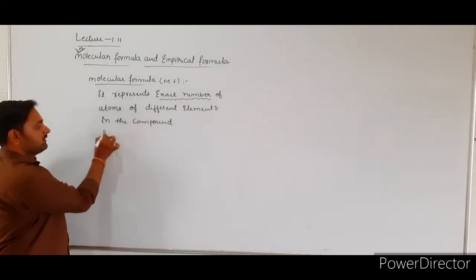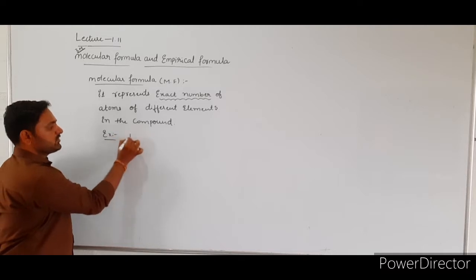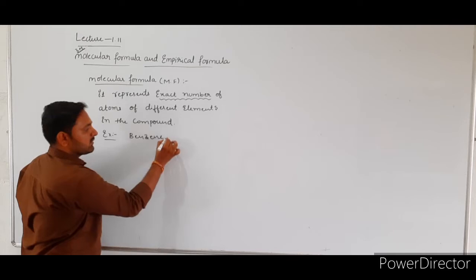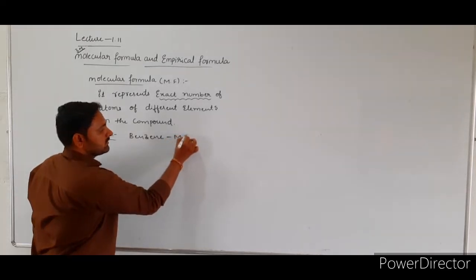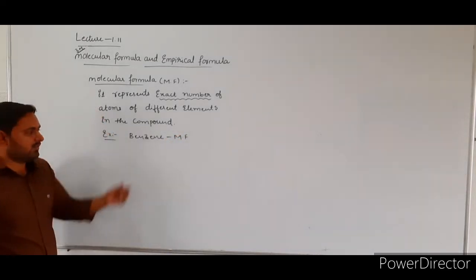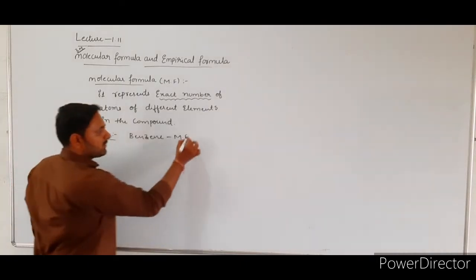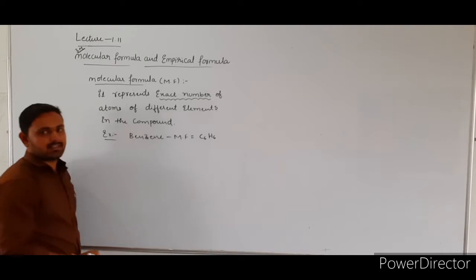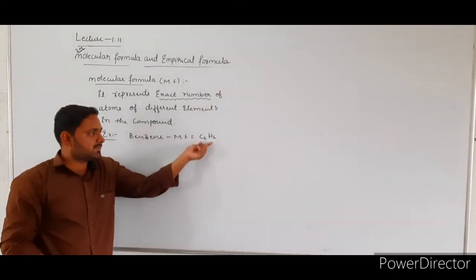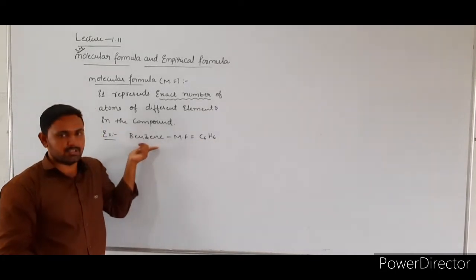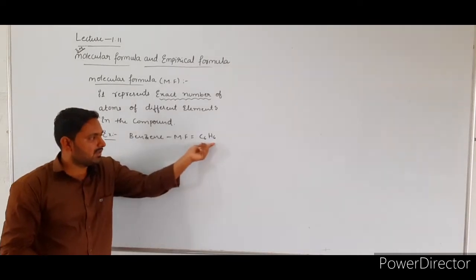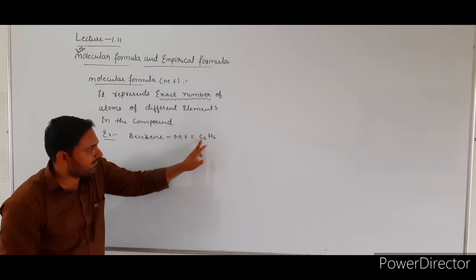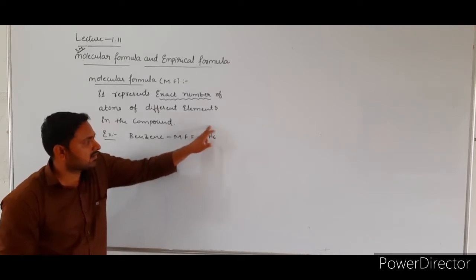For example, benzene. What is the molecular formula of benzene? C6H6. It is the molecular formula of benzene. This molecular formula represents the exact number of atoms of different elements in the compound.